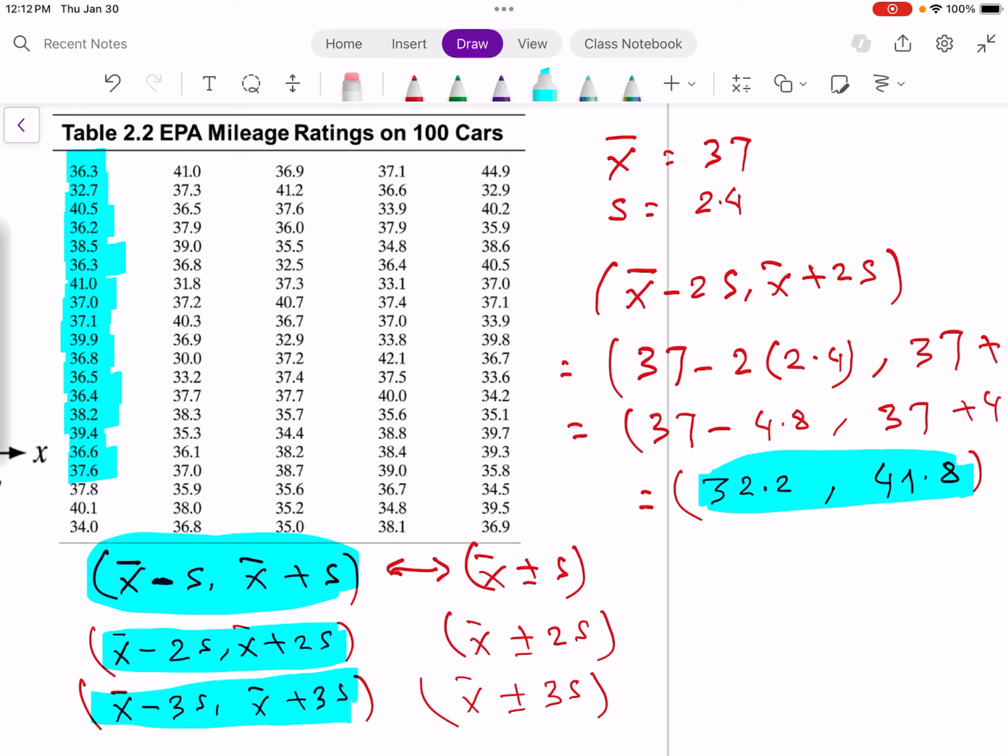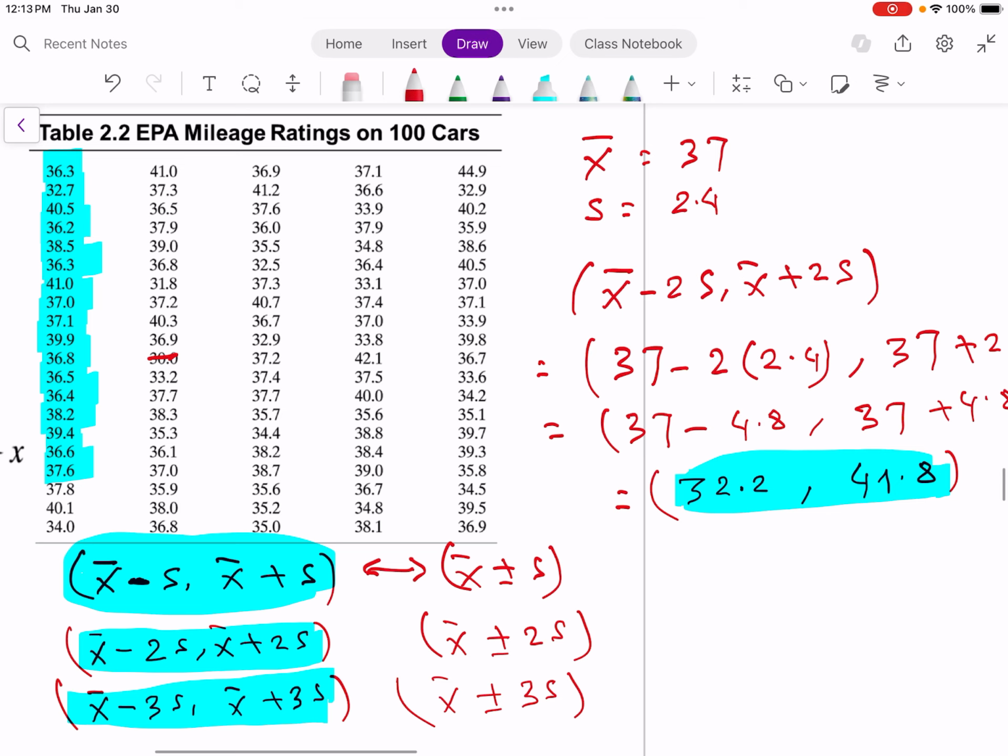I think we're going to have a lot, except this. Do we have any number smaller than 32.2? That would be easier for us, to look for the smaller numbers here. 32.1. So that is the only smallest one, right? Now, do we have something bigger than 41.8?